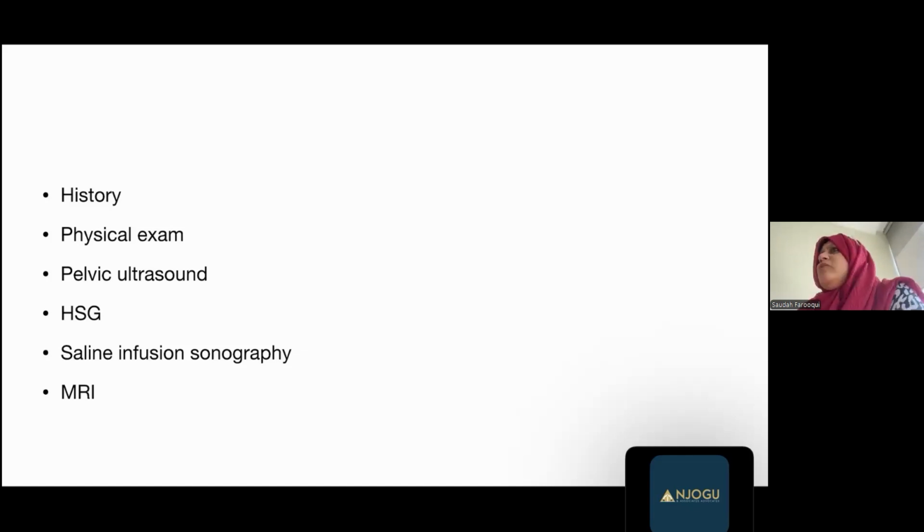Some people may also just present with bloating because they do not understand what is growing, especially if you're somebody whose BMI is on the higher side. Like we talked about obese women, you may not realize that there's something growing in your tummy, so you may just come in with bloating. So basically the history is a very important part of your diagnosis, as it helps guide you in what management you will do for this patient.